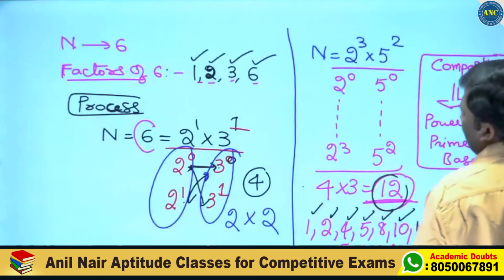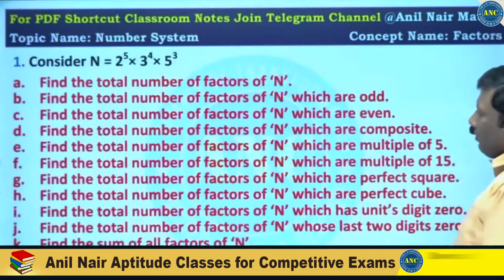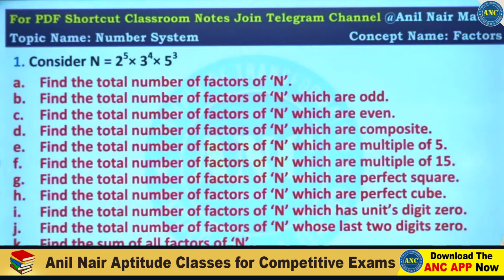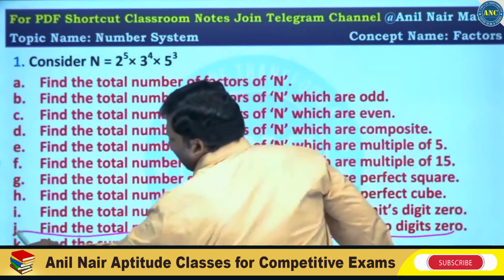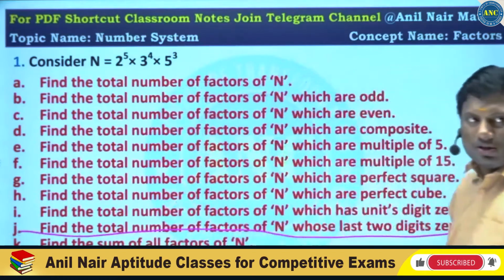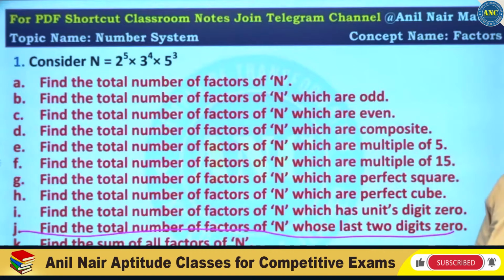Once the concepts are clear, we will get into problem solving. One by one, A to I, we will try to solve the problems. First we will do till this one, then K and L I will discuss.